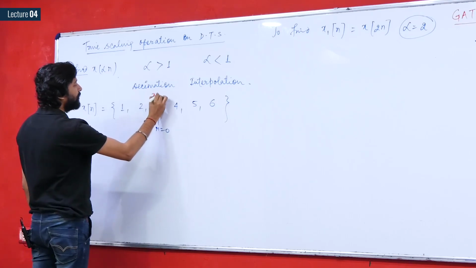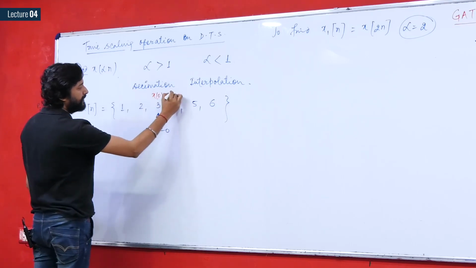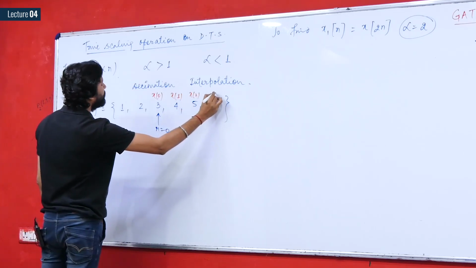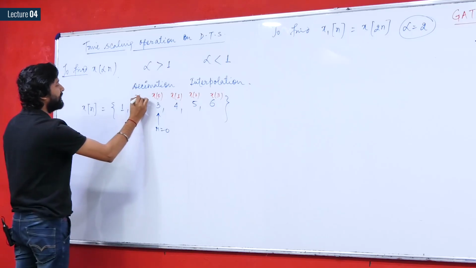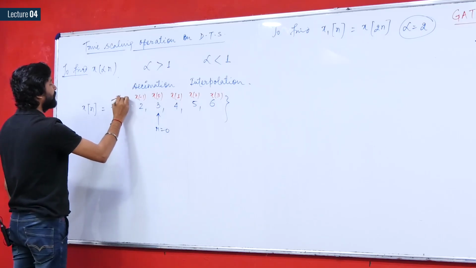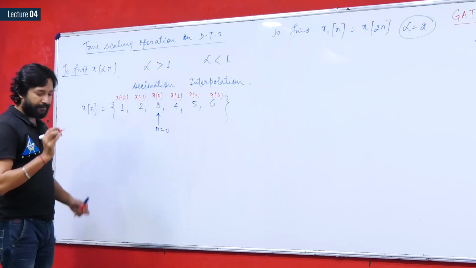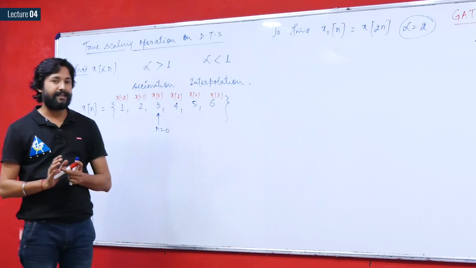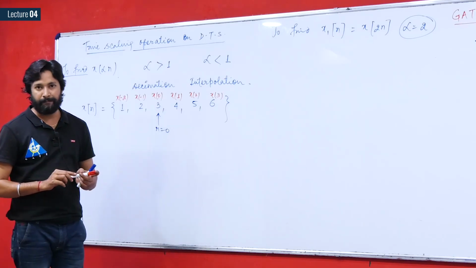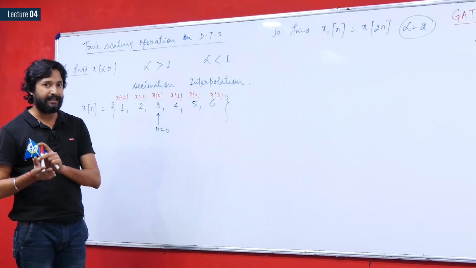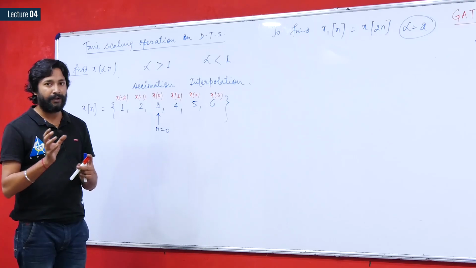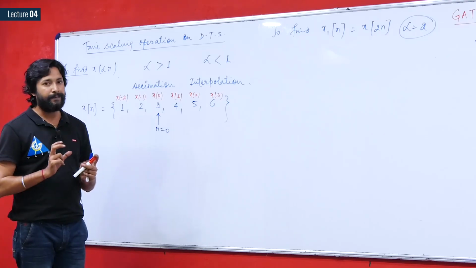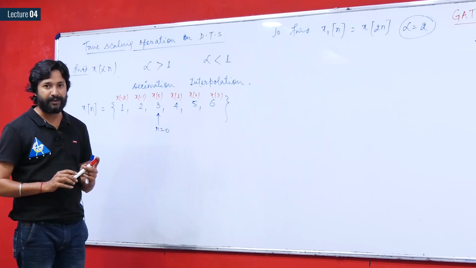This is the value x of 0, this is at n equals 1, so it is x of 1, this is x of 2, x of 3, x of minus 1, and this is x of minus 2. So you have seen that in discrete time signals, samples can exist only at integer values of n. Whenever n is not an integer, the value of signal x of n will not be defined at that point. The value of x of n can be defined only at integer values of n.